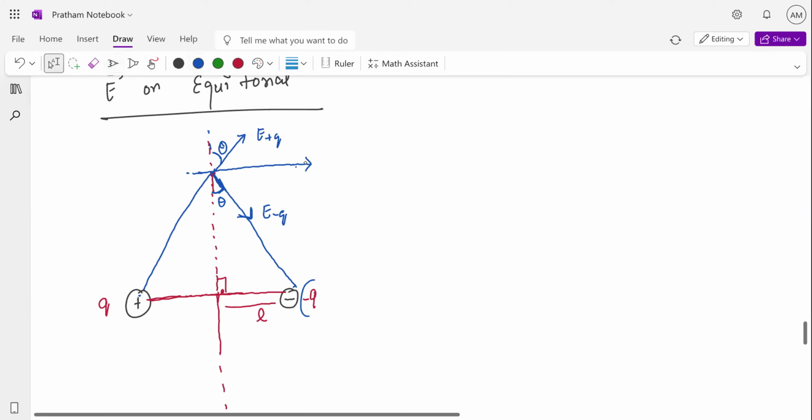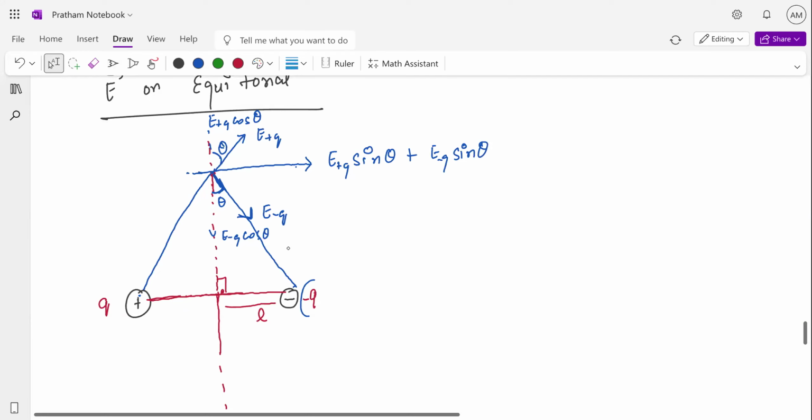So this will become E positive Q cos theta. This will also become E negative Q cos theta. And here you will be having two times of E positive Q sin theta plus E negative Q sin theta, if you see carefully. Now, I know one thing.